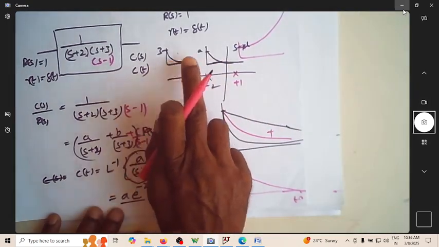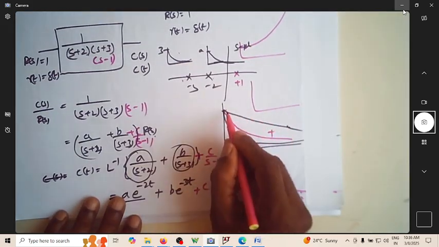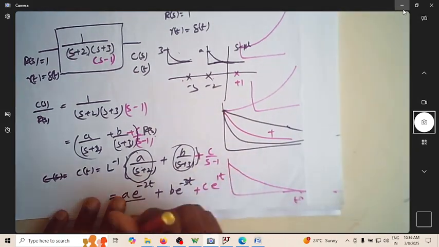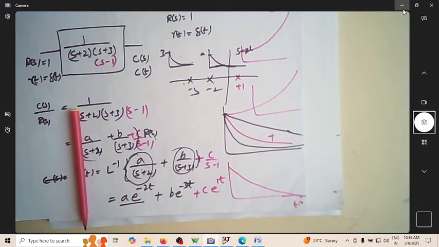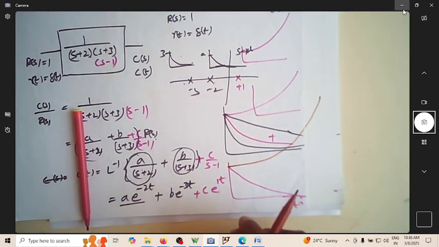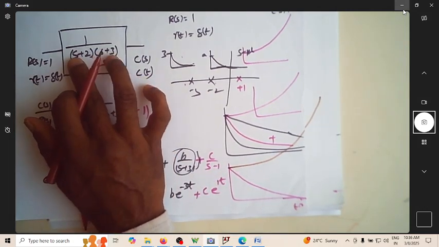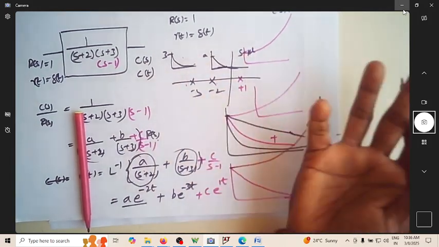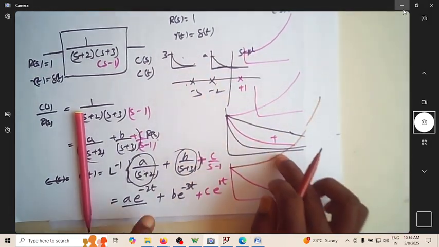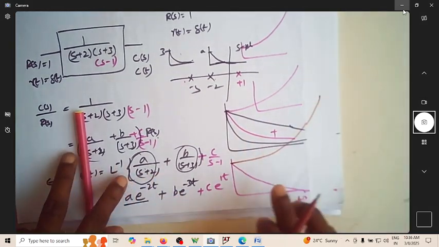If you add this plus this plus this, what is the resultant? The resultant is this. Even though you had two poles on the left hand side, since one of them is on the right hand side, the system will have an infinite output as t tends to infinity.